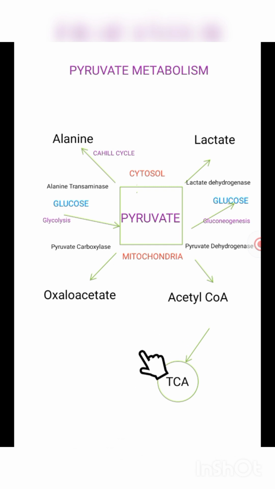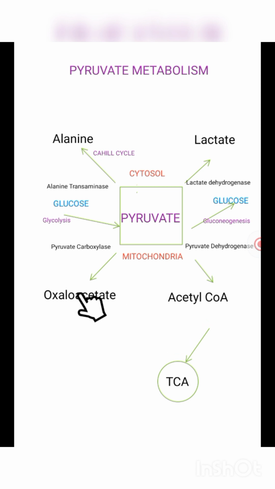So basically, if you're asked to talk about the fate of pyruvate that is produced from glycolysis, please make sure you make mention of at least these 4 routes that pyruvate can take. Its conversion to alanine when the body actually needs carbon atoms, its conversion to lactic acid in the absence of oxygen, its conversion to oxaloacetate when there's need for oxaloacetate in the TCA cycle, or in gluconeogenesis.